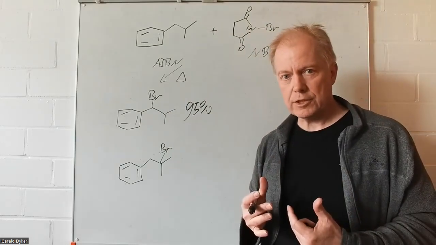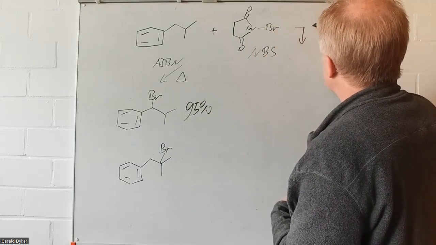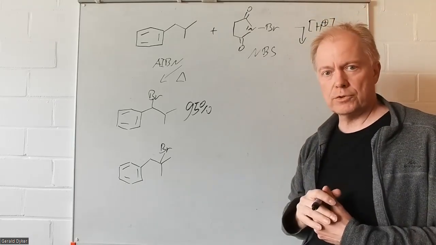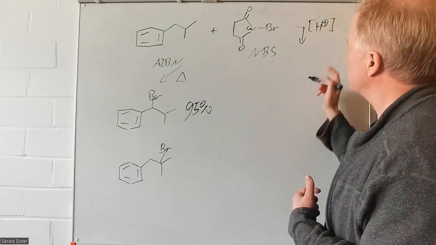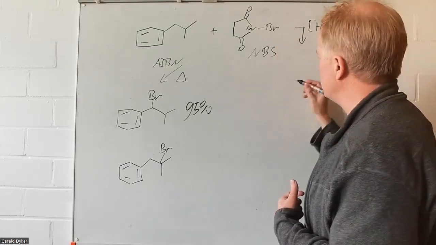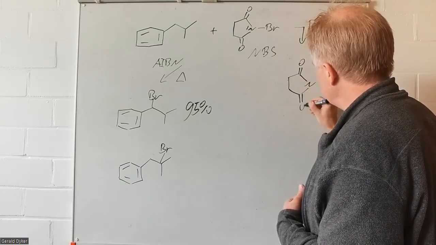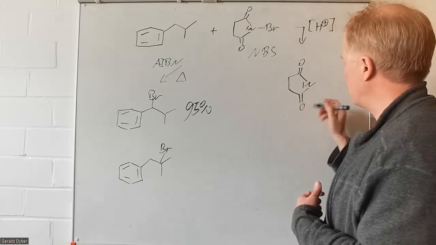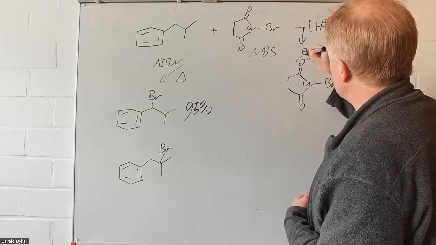If we change the reaction conditions to acidic conditions, for instance, by adding catalytic amounts of protons, for instance, from sulfuric acid, then we would protonate in the first reaction step the NBS, and the NBS would be protonated not at the electron pair of the nitrogen, but at one of the oxygens.